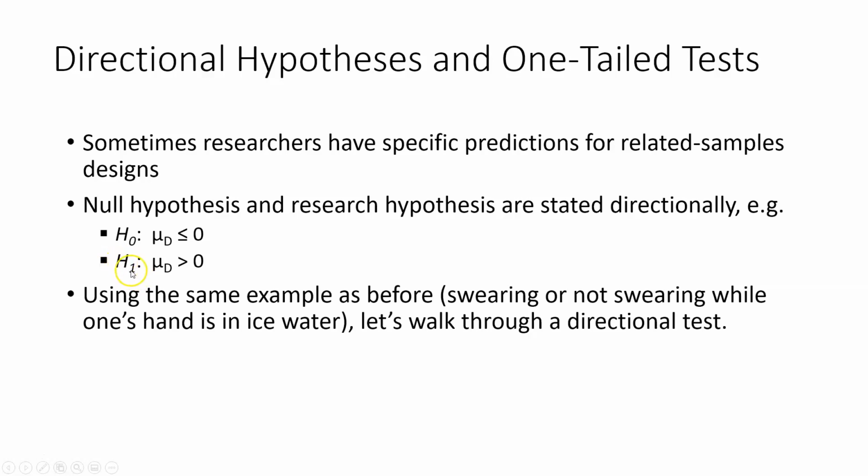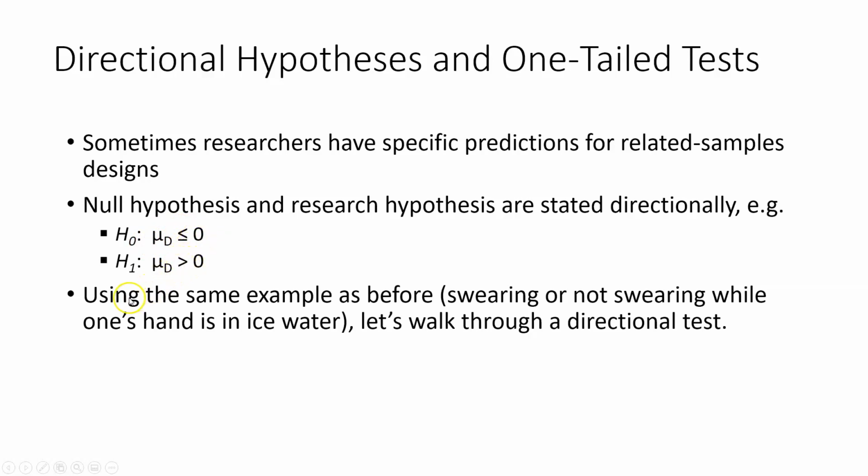So we would say the alternative hypothesis is that the mean difference is greater than 0. And we would say that it's greater than 0 if we thought the treatment was improving scores, or we might say it was less than 0 if we thought that it was making the scores lower. But then whatever we say here, we just make the null hypothesis say the opposite of that.